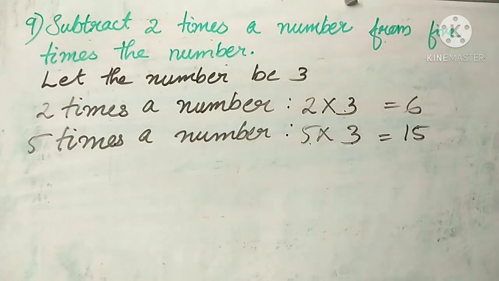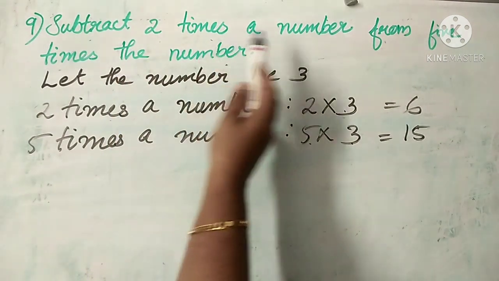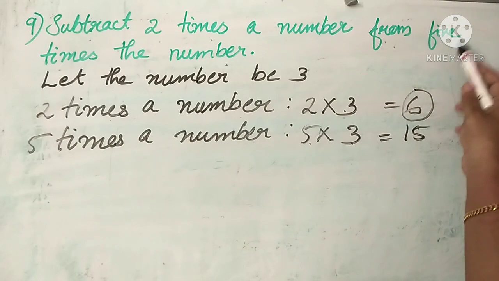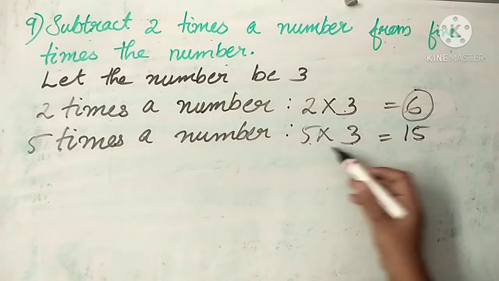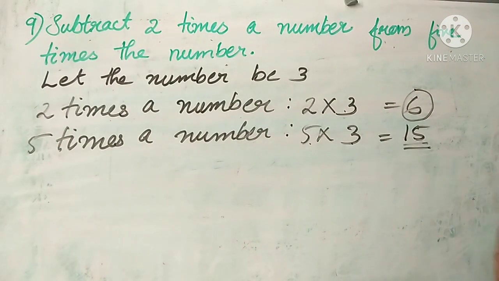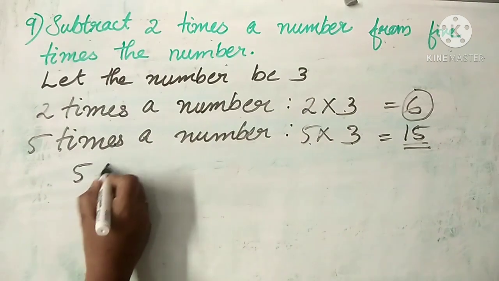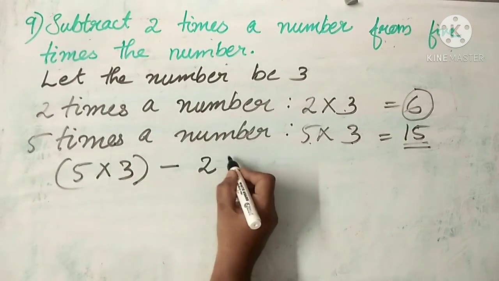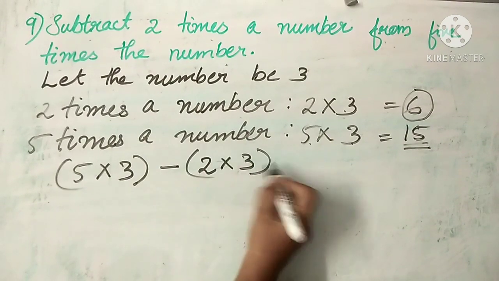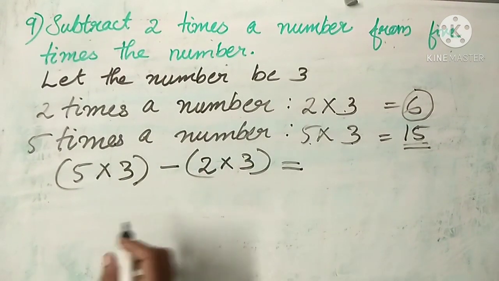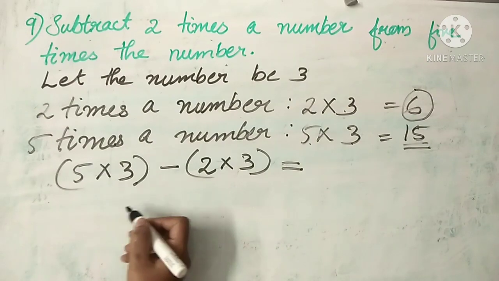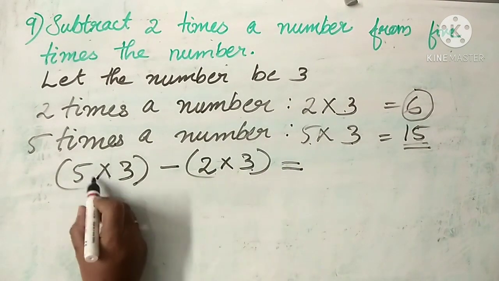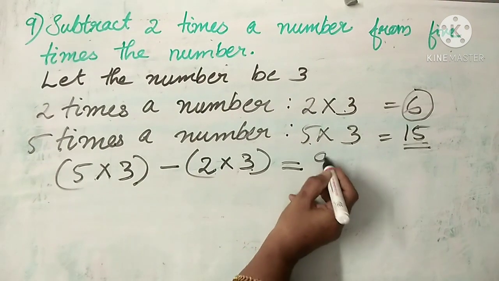Now coming to the question. Subtract 2 times the number from 5 times the number. 5 times the number is 15. So 5 into 3 minus 2 into 3 is equal to what? 15 minus 6 is 9.